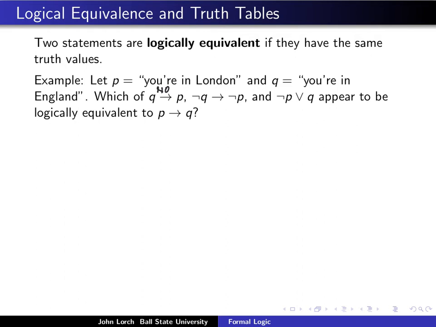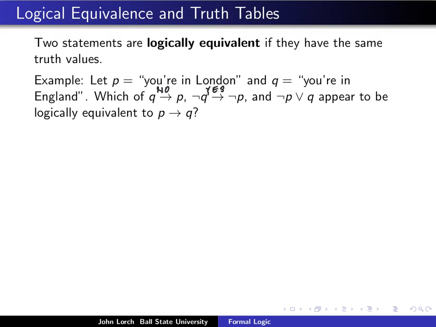Now the second statement says, well, if you're not in England, then you're not in London. And if you think about it for a little bit, that does seem to be pretty similar to the statement, if you're in London, then you're in England. And then finally, we have the statement, not P or Q, which says you're not in London or you're in England.